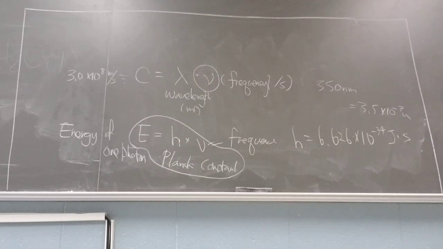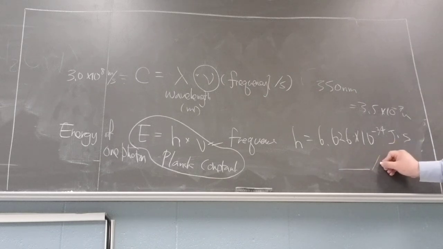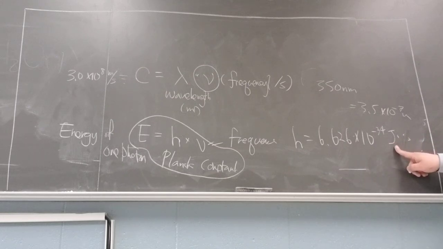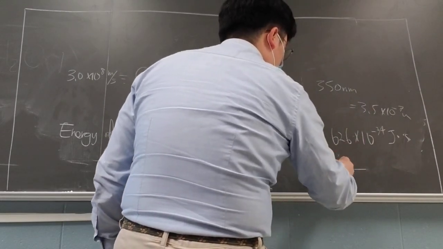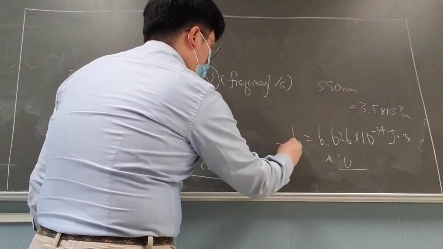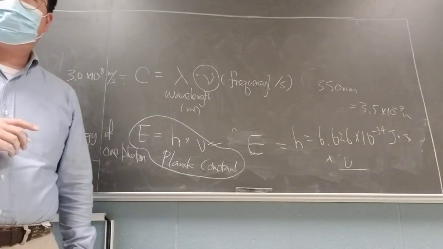So whenever you multiply this number by the frequency, which is some number per second, you get a number in joule, which is energy. So the Planck constant times the frequency will be the energy of one photon. Does it make sense?